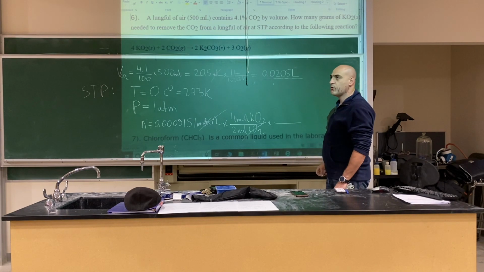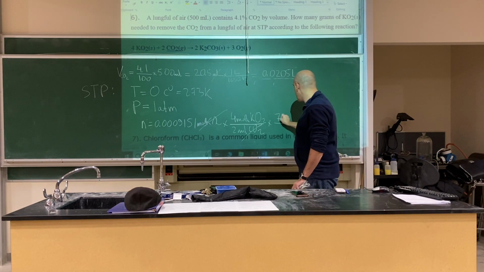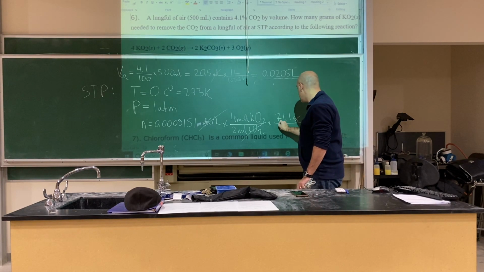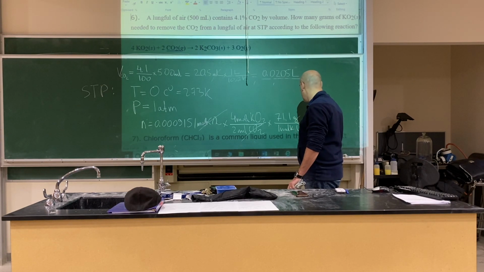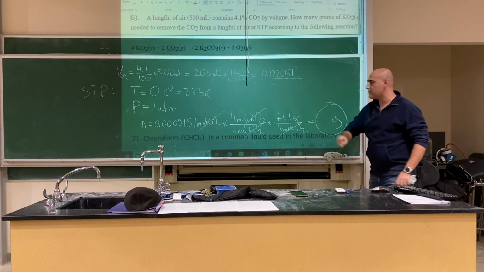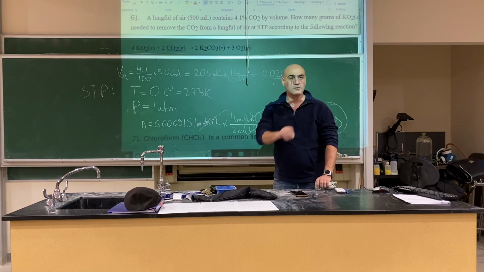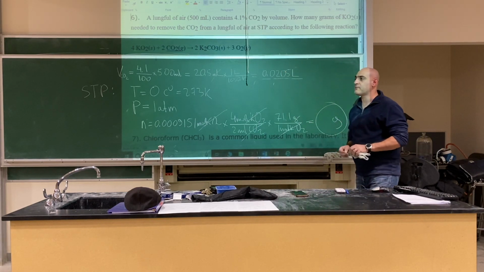Periodic table. Use the molar mass. Anybody get the molar mass for this? 71.1 grams for every 1 mole of KO2. That cancels, and we get information about the grams of KO2.